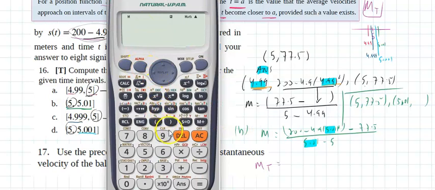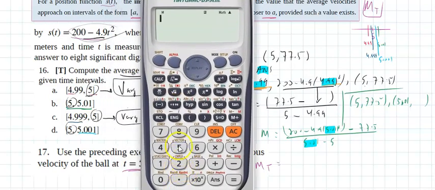I could switch the top, but let me restart for practice. The top will be, in this case, first, before I start, I should take the value, which is 5.01, and store it in my calculator. There it is. Now, if I take this and I say, all right, let's take 200 minus 4.9 times the answer squared minus the 77.5.